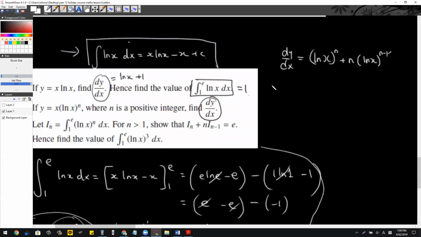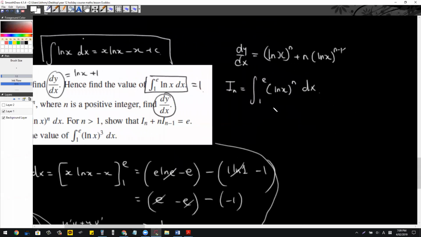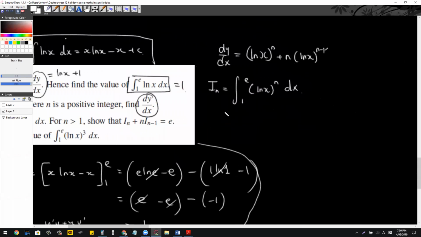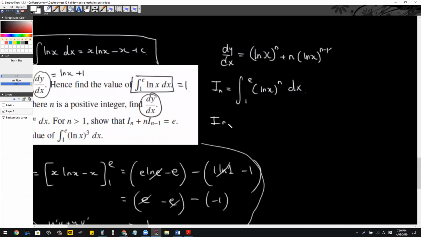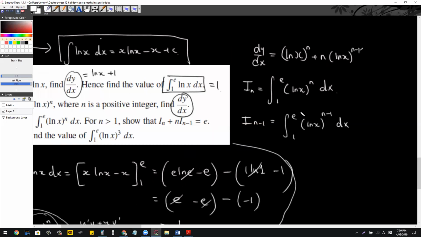Now, the integration I_n is given by the integral from 1 to e of ln x to the power of n dx. So I_(n minus 1) must be equal to the integral from 1 to e of ln x to the power of n minus 1 dx.